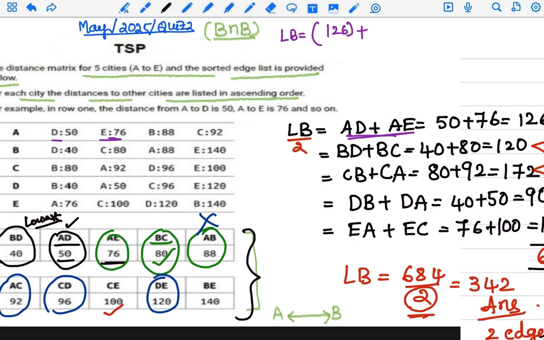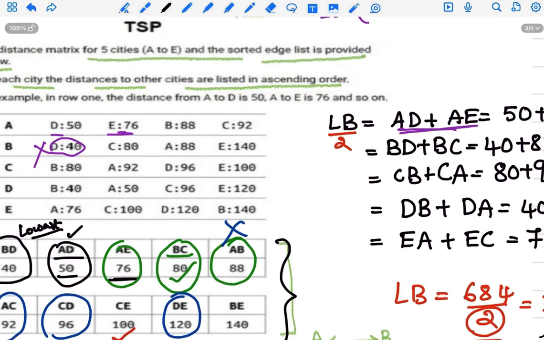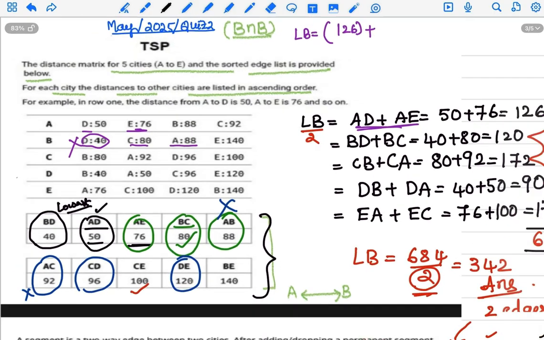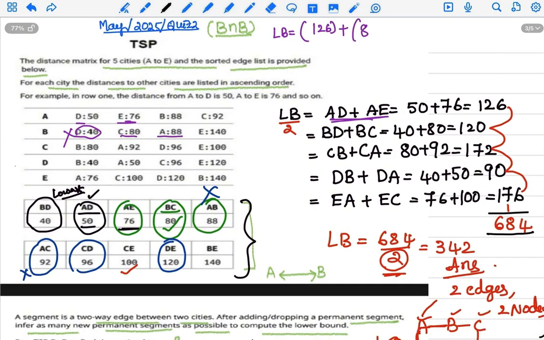So next BD, we do not add this one, BD is not allowed. Next add BC and BA, 80 plus 88. So that is 80 plus 88. So next for C, BC, BA, this is common, this is same. This purple color are same.